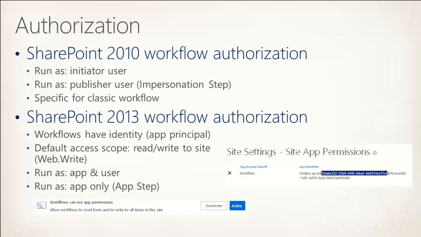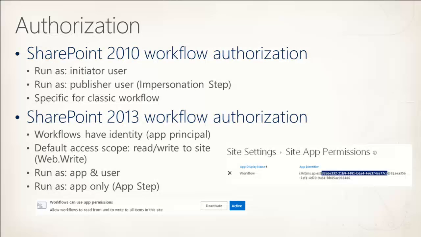Okay, so let's talk a little bit about authorization, workflows as apps. I'm going to have to hurry up a little bit here. In SharePoint 2010, we had this notion of workflows impersonating users, and workflows could impersonate either the initiator or the publisher through this action that we call the impersonation step.